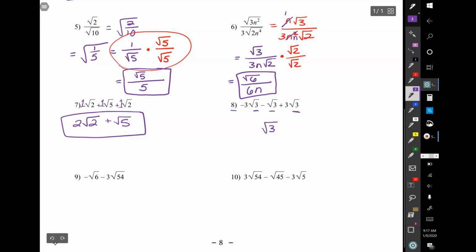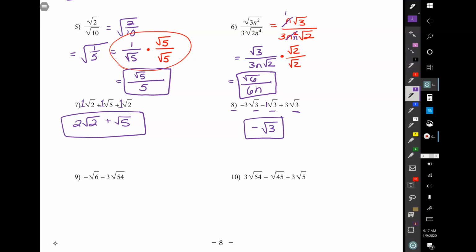We don't multiply anything. We don't add them together. It's just like I have apples there. That's an apple. So I write it down. Negative 3, this is like a negative 1, so that would be negative 4 plus 3, which is going to give me a negative 1 there. So I end up with negative square root of 3 as my answer.